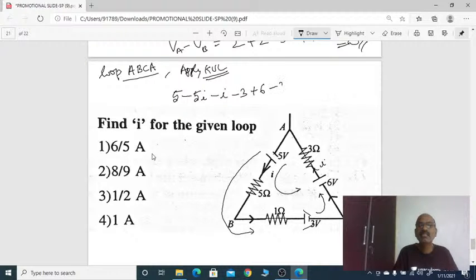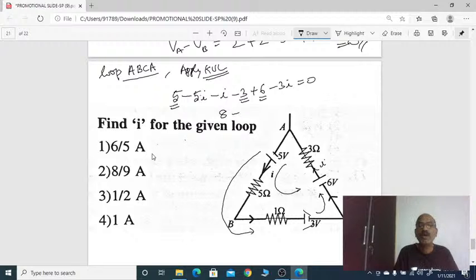minus 3I equals 0. Apply Kirchhoff's voltage law, that's it. Now 5 plus 6 minus 3. 5 minus 3 is 2. 6 plus 2 is 8.